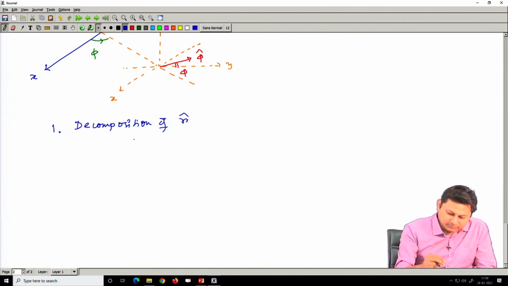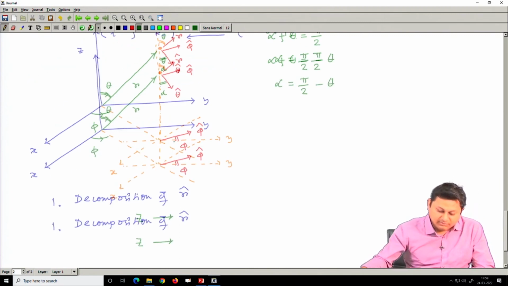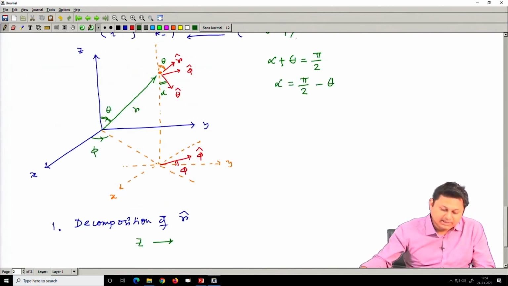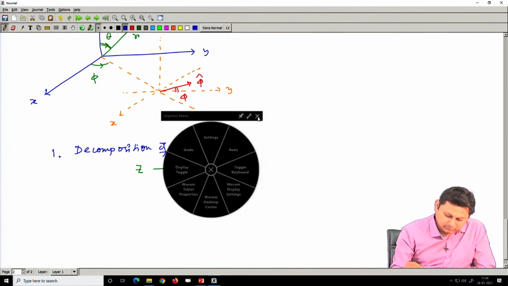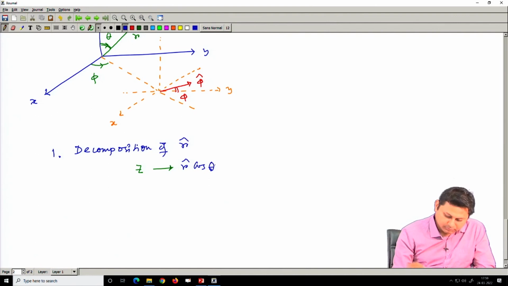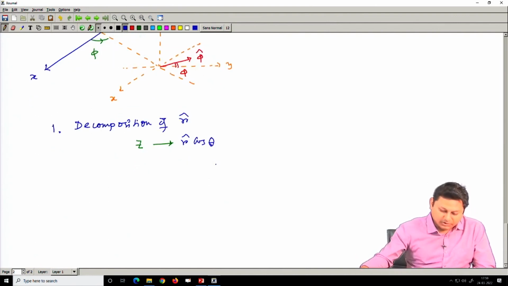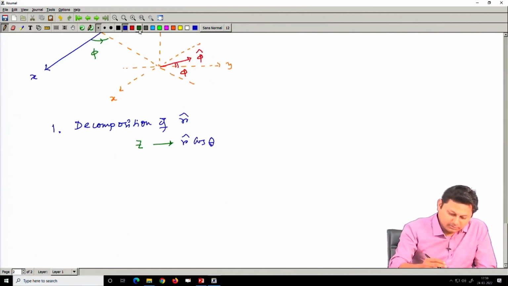If I want to find the z component of r, it is easy, because you can see that it makes an angle theta with the z direction. So, it should simply be the r unit vector, cos theta of that.